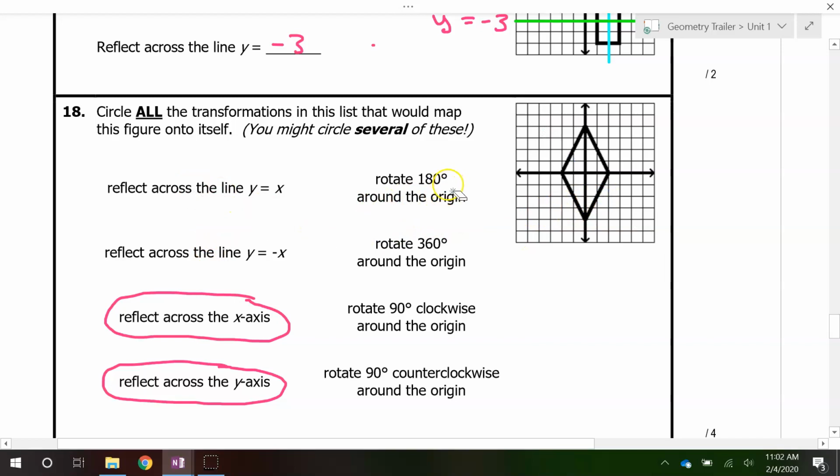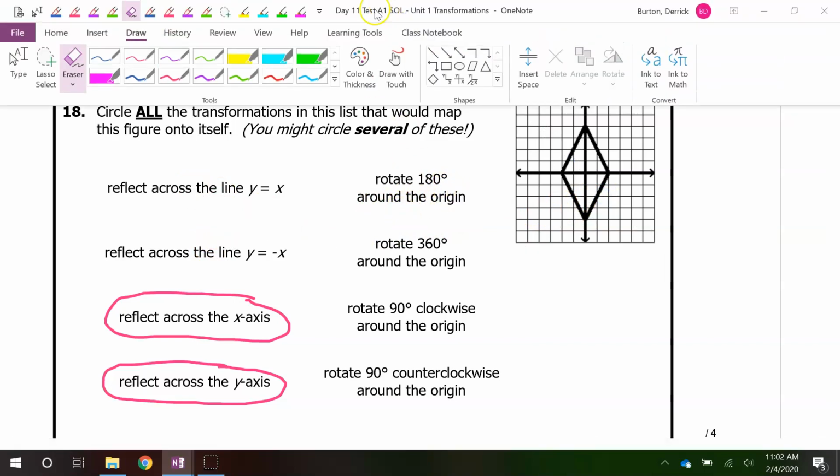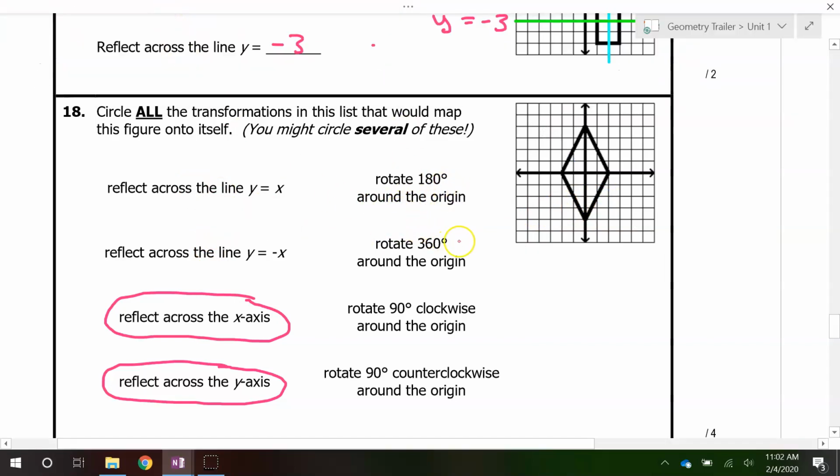Now let's talk about rotations. A 360-degree rotation means that you rotate the figure all the way around and back to where you started from. So of course the image will look the same, as long as the origin is right in the middle of the picture, and it is.